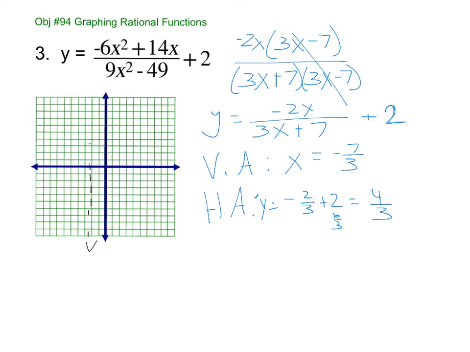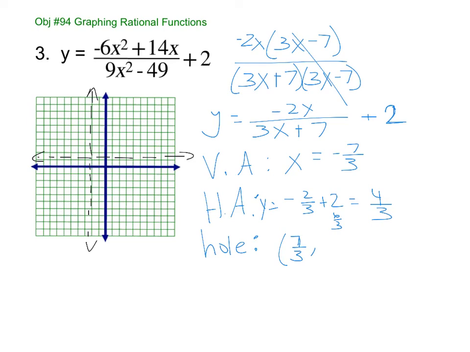There's my vertical. My horizontal is just past 1. And my hole is at 7 over 3, comma, ugh. I don't want to plug 7 over 3 into that. That's terrible. I'm going to use my calculator to do this because that's annoying.